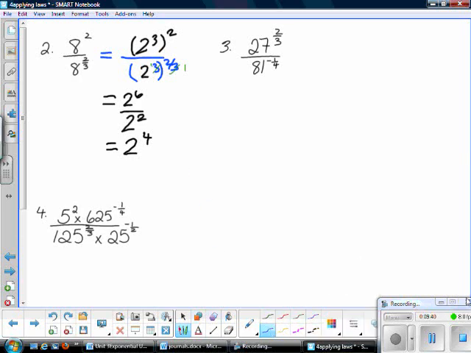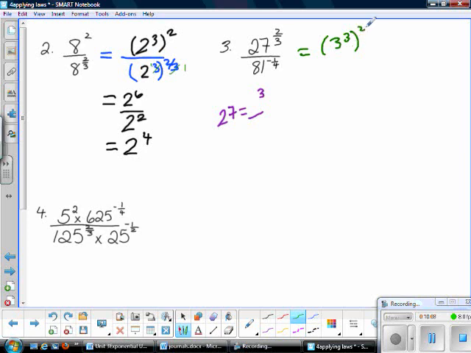So what I'm thinking in my head is I want to change 27 so it is something to the power of 3 because of the 3 here. I know that 3 cubed will do that for me. So I'm going to change my number 27 to 3 cubed, and all of that is still to the 2/3.